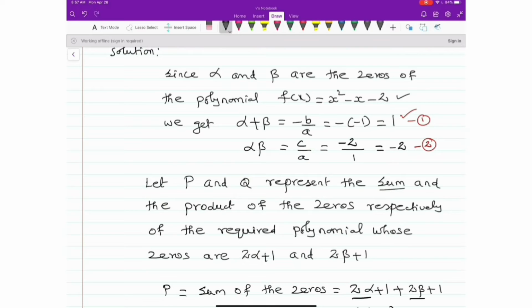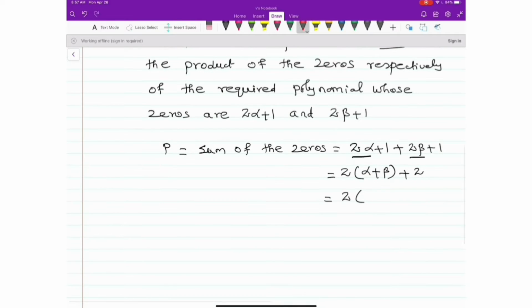If you see, alpha plus beta is 1, whereas alpha beta is minus 2. So, I can substitute over here 1, then plus 2.